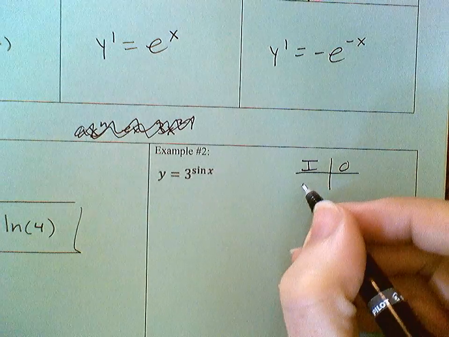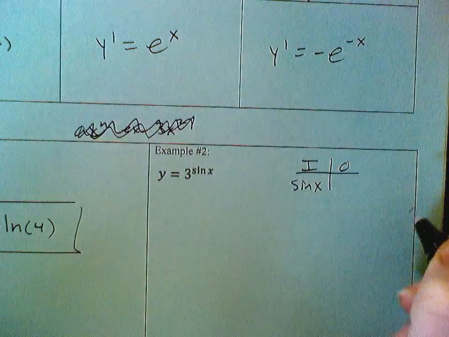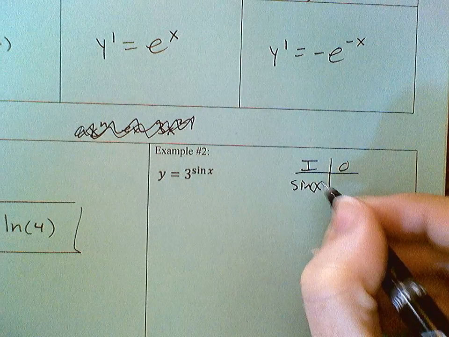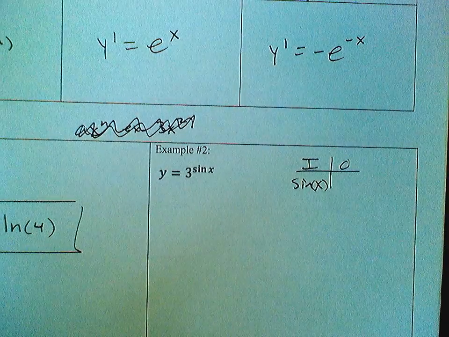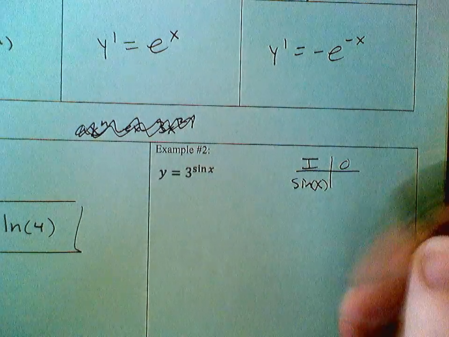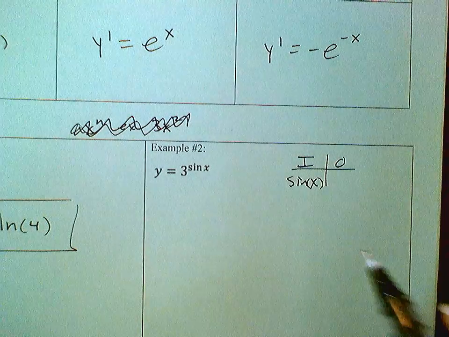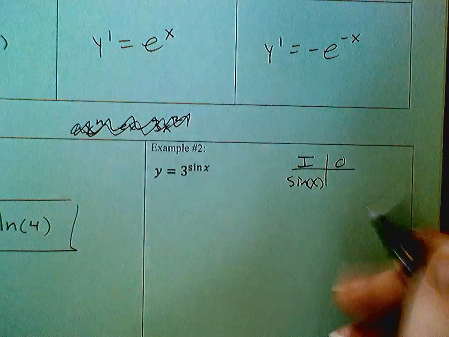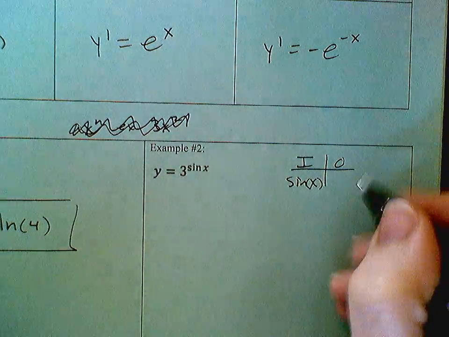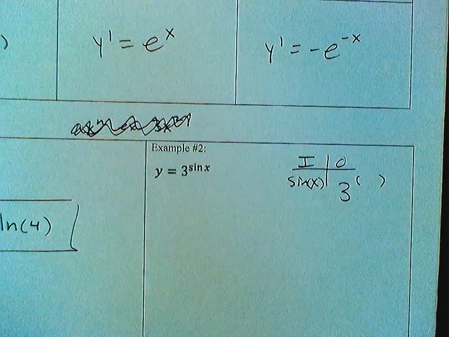My inside function is sine of x, and guys, sometimes I notice myself putting parentheses around the input for a trig function, so you could do it or not. I happen to like it because it emphasizes that that's a function somehow. And then the outside function is 3 to the blank.